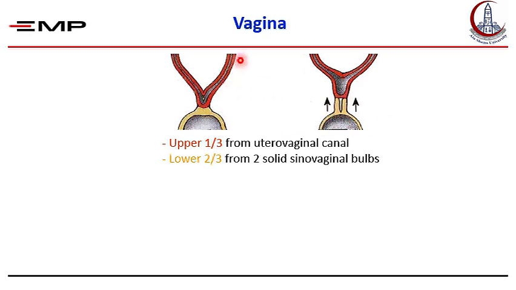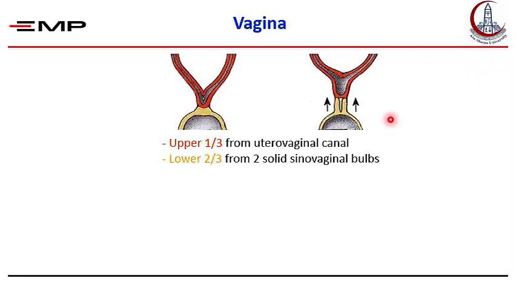As a matter of fact, when the paramesonephric duct comes in contact with the wall of the urogenital sinus, it induces it to make these two bulges or sinovaginal bulbs.